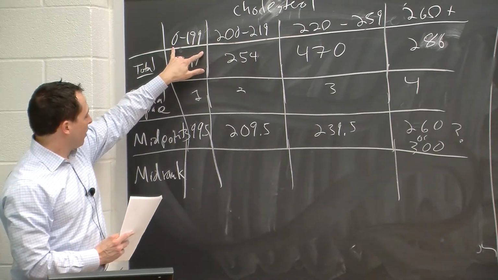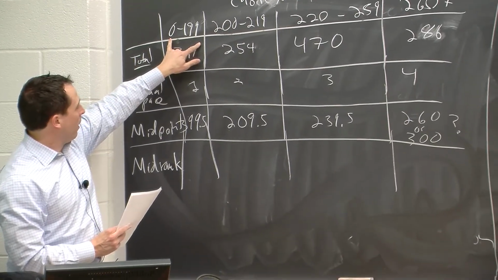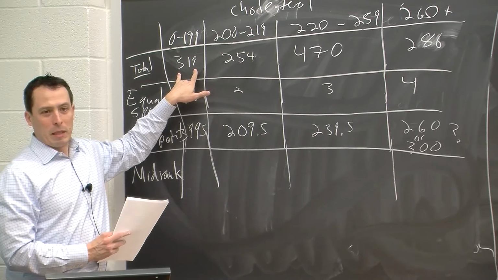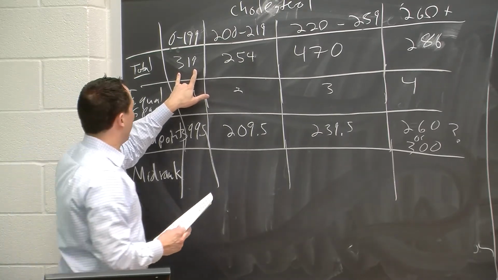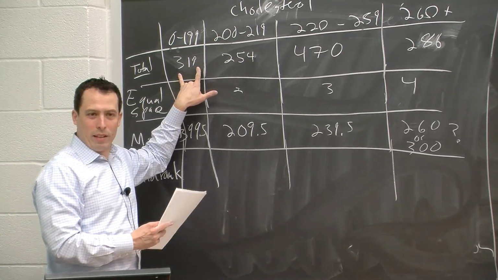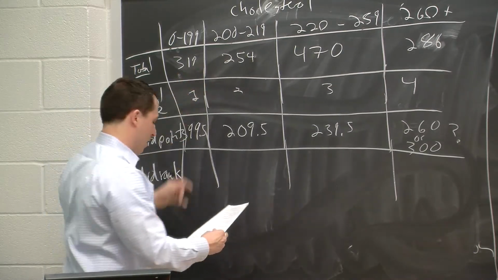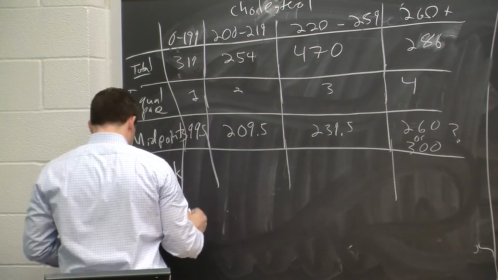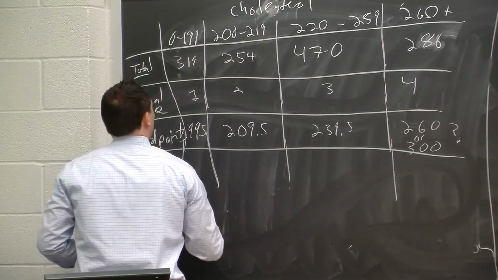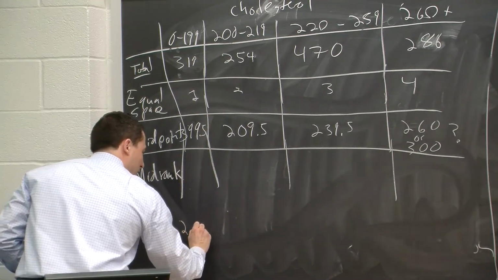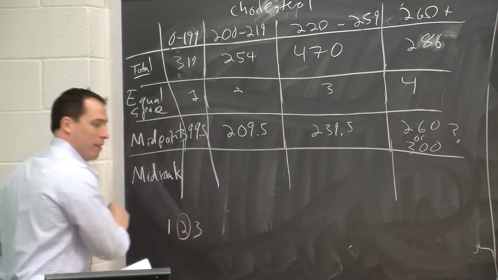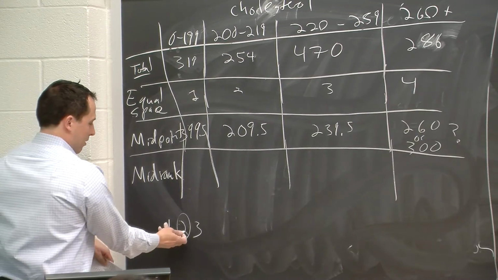So that means that in this category, there are 319 people, and they're ranked 1, 2, 3, 4, and so on, up to 319. So their midpoint is half of this. Well, okay, so if they were ranked 1, 2, 3, their midpoint will be 2. So if there's an odd number, I'm going to get just the number in the middle.